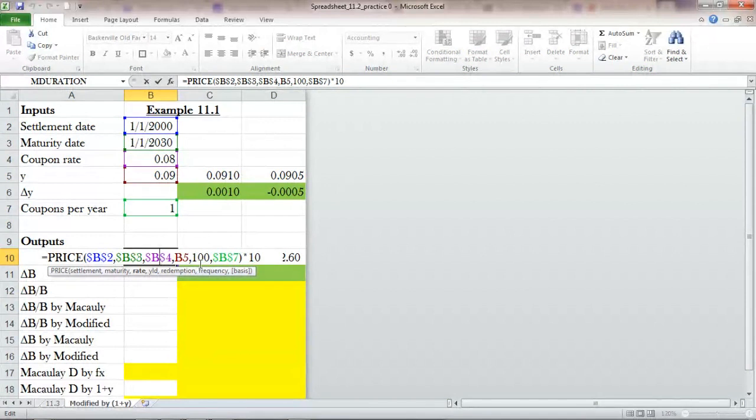I just explained that we put 100 because using the price formula or yield formula in Excel, all the prices must be expressed as a percentage of the par value. That's why I entered 100, right? Otherwise, the formula doesn't work.